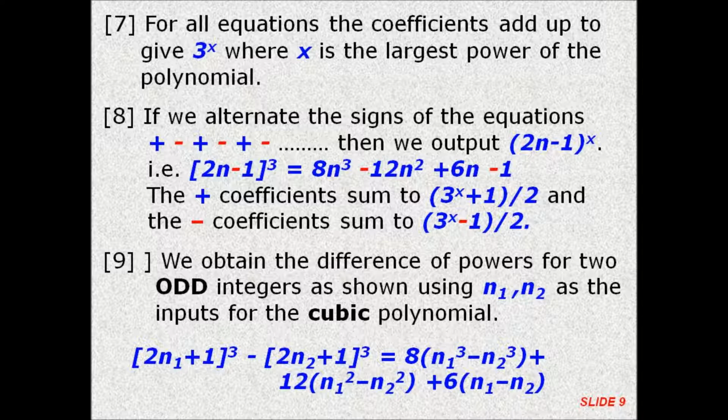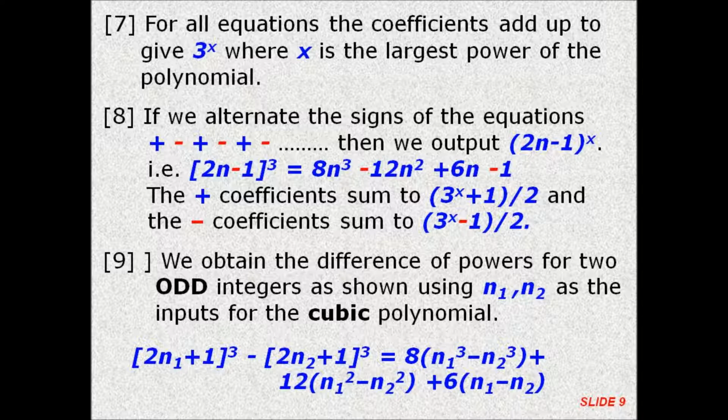Hence, 2n minus 1 all cubed equals 8n cubed minus 12n squared plus 6n minus 1. The positive coefficients sum to 3 to the power x plus 1 all divided by 2, and the negative coefficients sum to 3 to the power x minus 1 divided by 2.